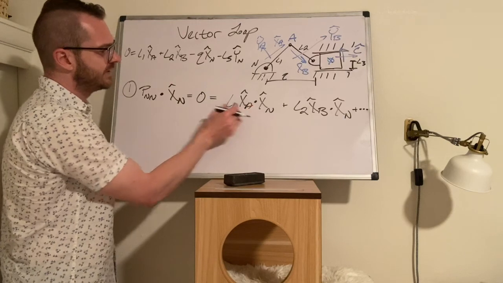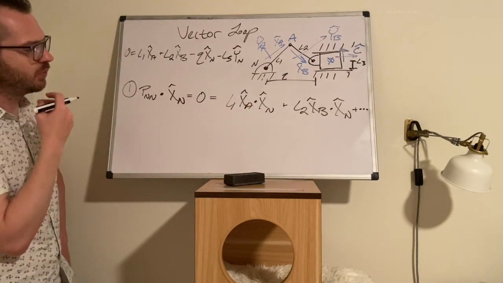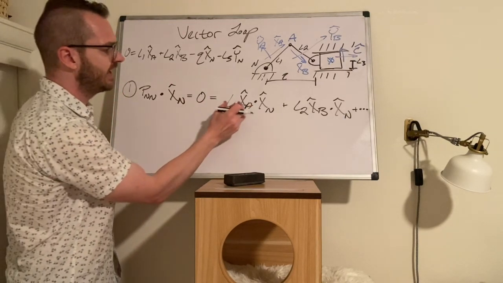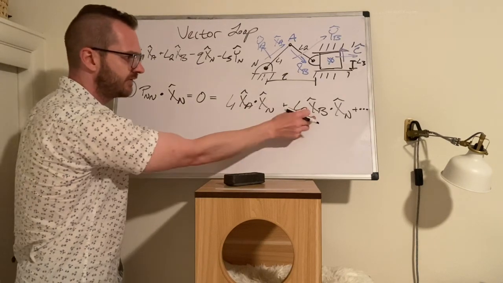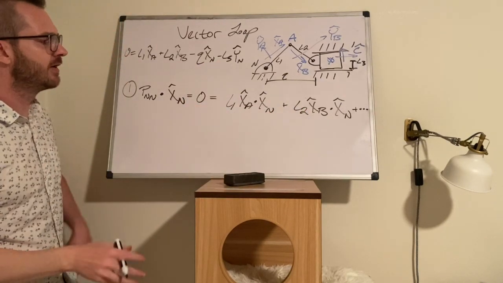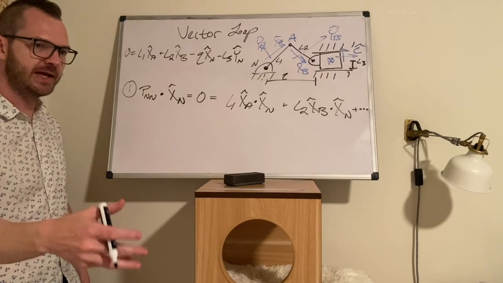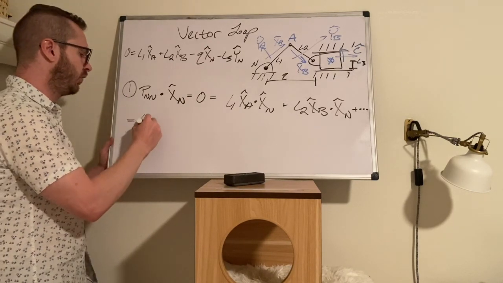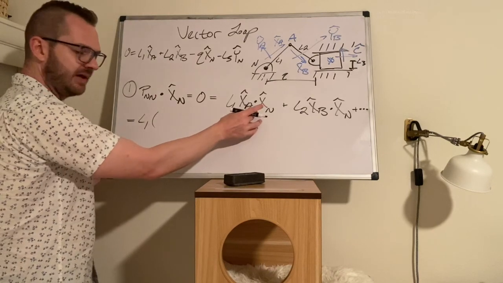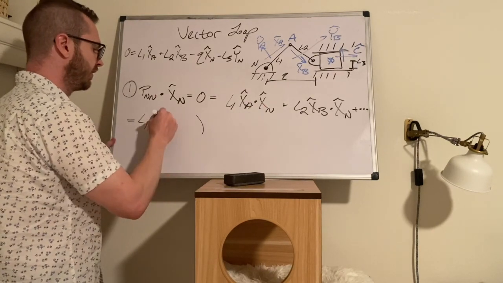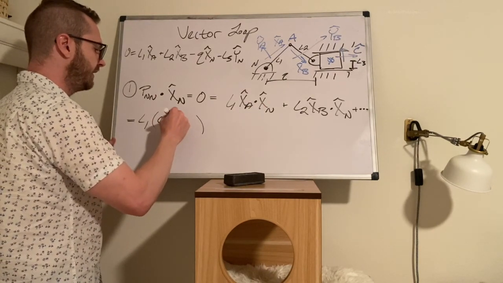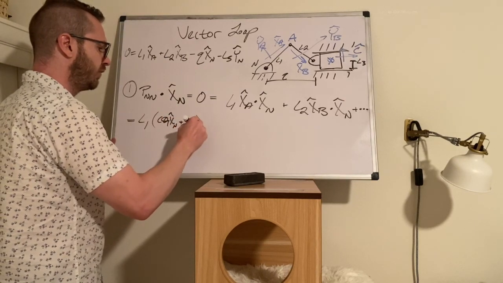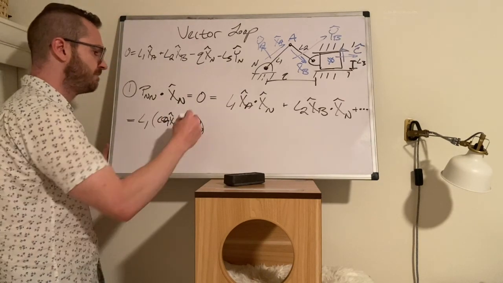How do we do that? Well, we did this in the previous problem. We talked about how you can replace x hat A and x hat B and y hat C with the expressions from the rotations. So let's say L1, and I'm going to replace x hat A with cosine theta 1 xN plus sine theta 1 yN.